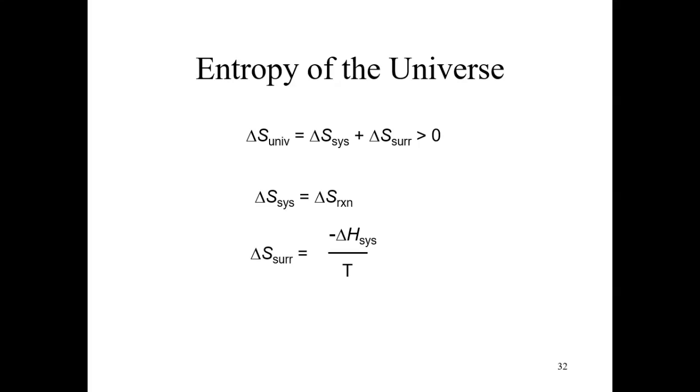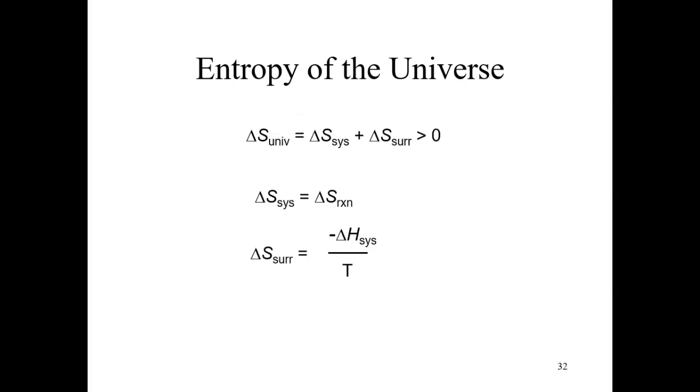Now, here's what's interesting. We now have an expression for each one of these things in terms of things we can measure. So let's rebuild the second law here. Delta S of the universe equals delta S of the system plus delta S of the surroundings, and that has to be positive. Let's substitute what we just found out in our previous derivations.